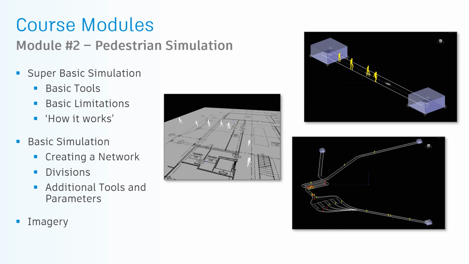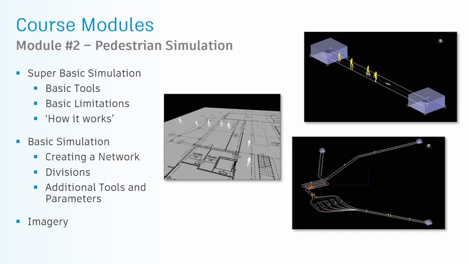So the pedestrian simulation is going to consist of 3 mini simulations, if you like. The first one is going to be a super basic simulation. We're going to look at the basic tools, the basic limitations, and using this really basic simulation, you're going to understand basically how mobility simulation operates.